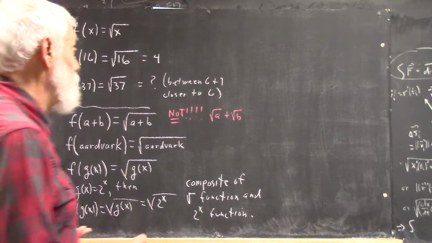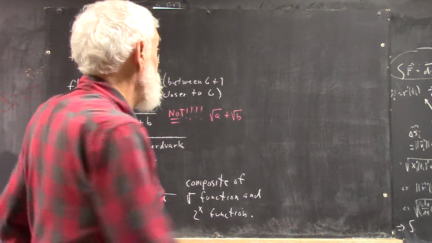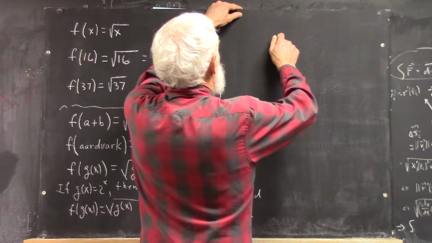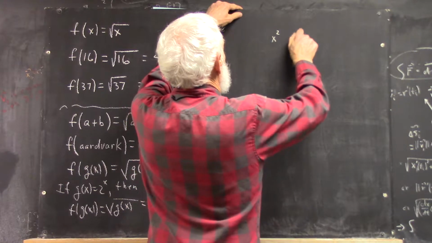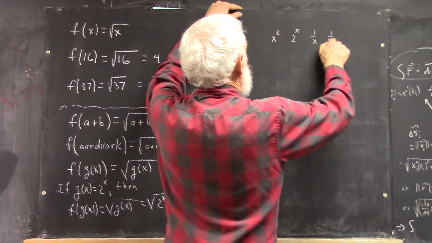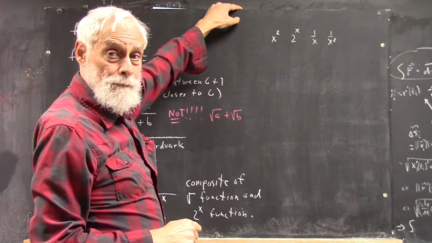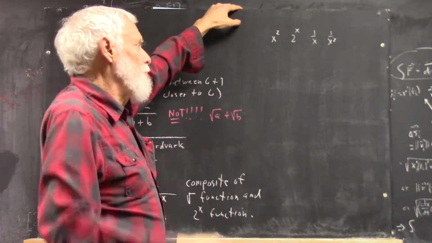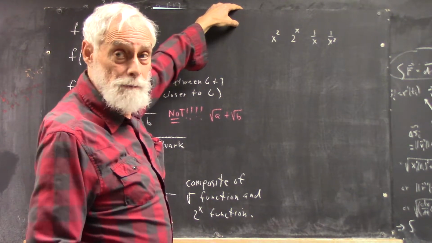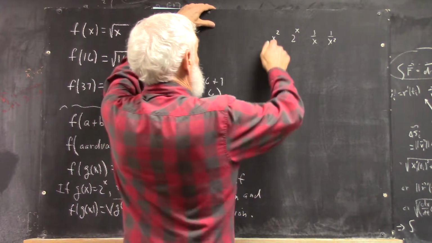Now, we could write down a table of our basic functions. Right now, what are our basic functions? Well, we've got x squared, we've got 2 to the x, we've got 1 over x, we've got 1 over x squared. I'll just stick with these 4 for the moment, but you can add to them, because the square root of x is a basic function, and I'll talk about it a little bit.